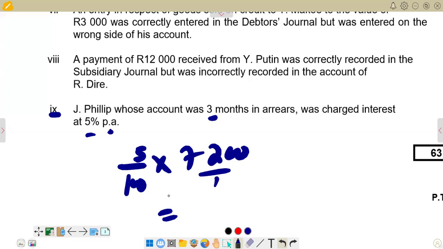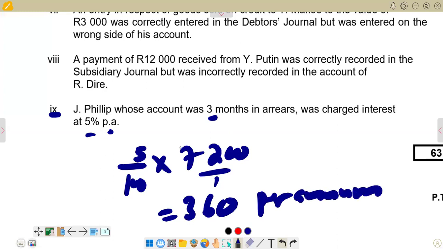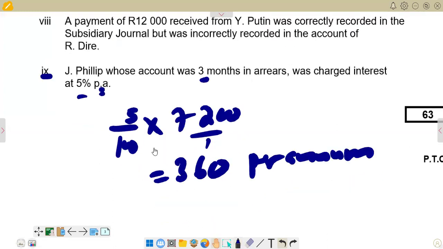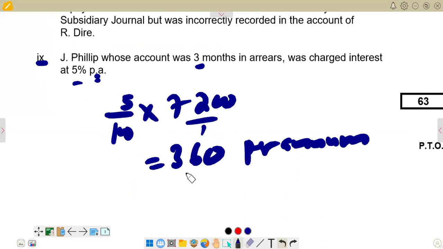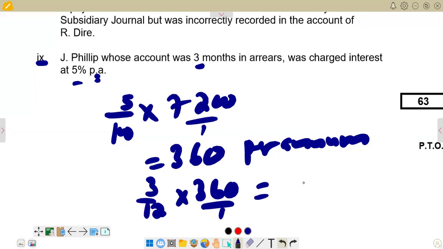Saying our 5%, then we multiply by 7,200. Obviously you are now going to get your 360 here. And this 360 is per annum as indicated here. So what we are supposed to do, we are supposed to reduce it to 3 months. So we are saying 3/12. Remember, we have 12 months in a year. So we are now saying 3/12. Then we multiply by 360 to get for 3 months. So if you calculate it as such, let's try to see.